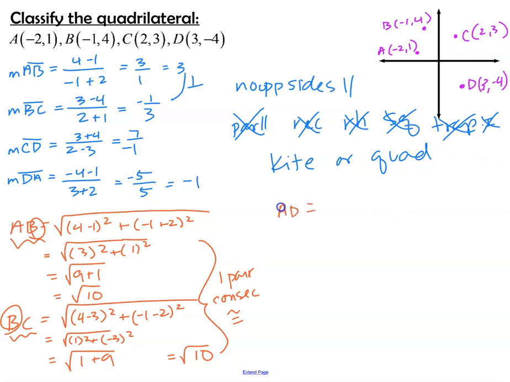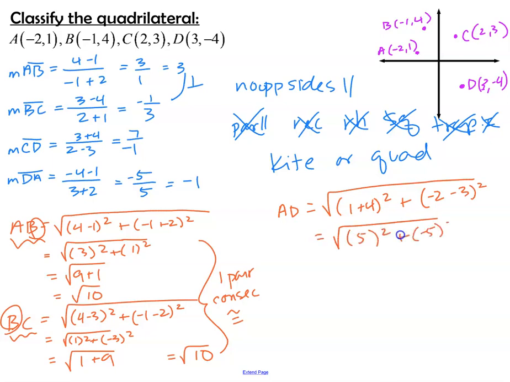So AD, the length of this side, is going to be 1 plus 4 squared plus negative 2 minus 3 squared. This is going to give us 5 squared plus negative 5 squared. So that gives us 25 plus 25, which is going to equal the square root of 50.